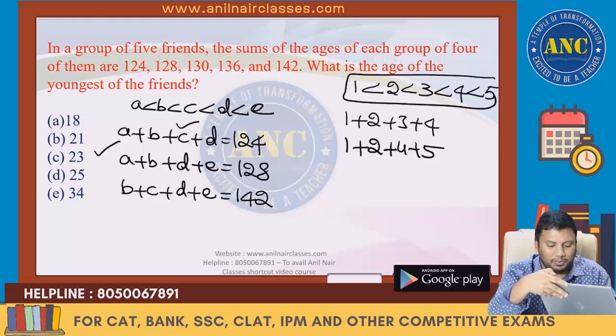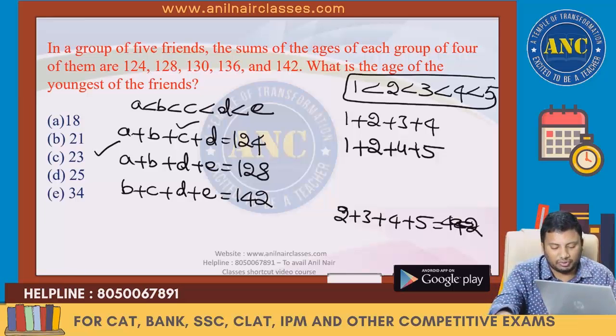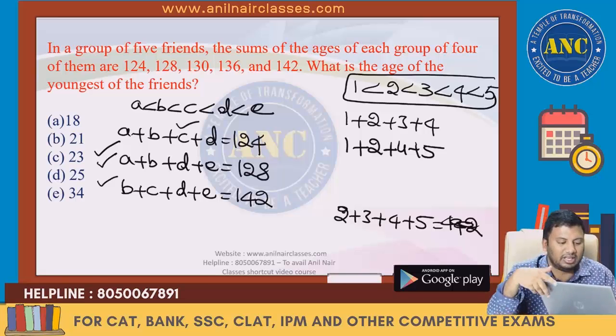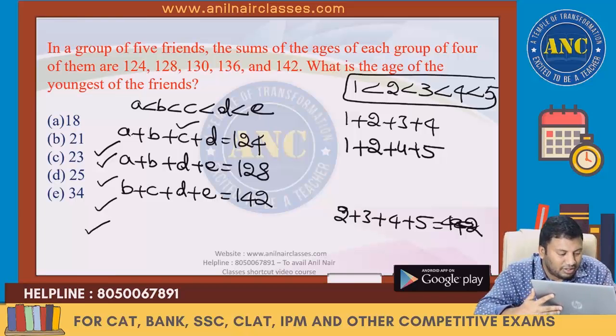Next is 2, 3, 4, 5, which is 142 here. That means lowest 4 I took, next lowest 4 I took, next highest B plus C plus D plus E I will take. If you are getting confused, we will do it later.